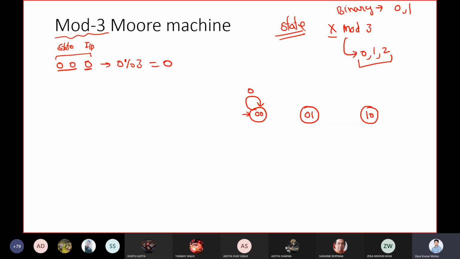Now, if you are in the 0 state and your input is 1, what number is this representing? This is representing 1. Take mod 3, what do you get? 1, right? So if you are in state 0,0 and your input is 1, you will move to the state 1.